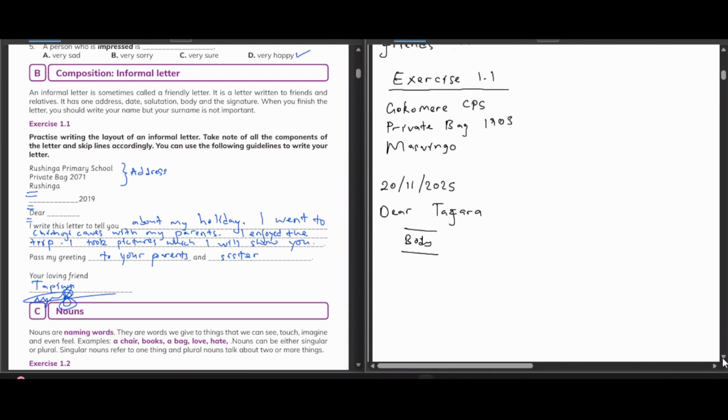Then after the body, you are then going to put your loving friend, Tapiwa, like that. So this is what we had to learn on composition, informal letter.